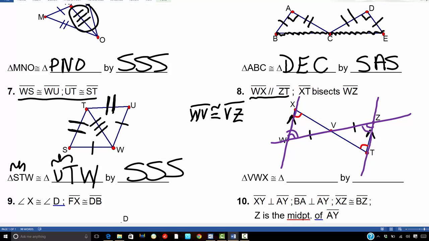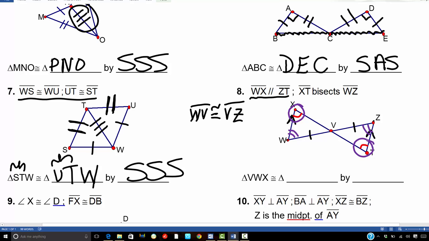So now we're given that amount of information, we should be able to prove the two triangles are congruent. So now think, given that information that we have, what reason are those triangles congruent? We have an angle there, an angle there.